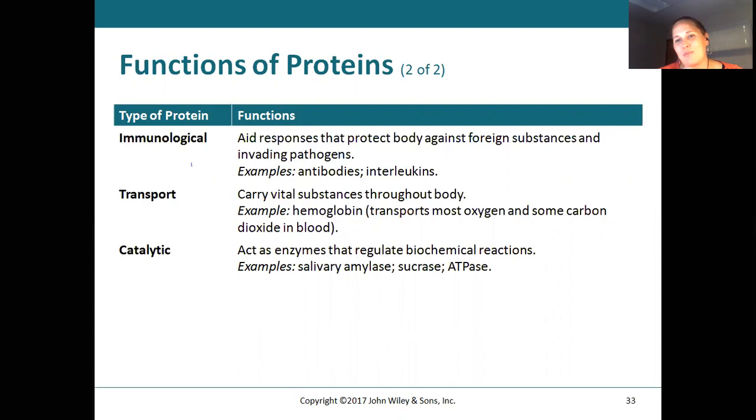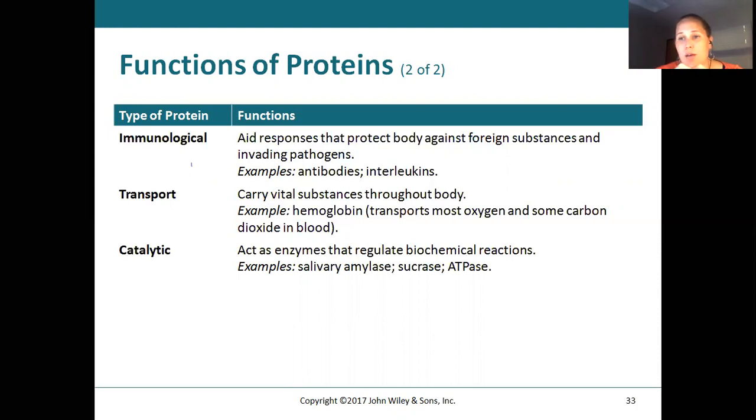You can think of proteins as aiding the movement of substances from one place to another. If you have any molecule that needs to move into or out of a cell, into or out of a tissue, and it has to happen selectively, there needs to be some type of protein bridge between those two areas, because the protein will hopefully regulate the passage of that substance into and out of the body.